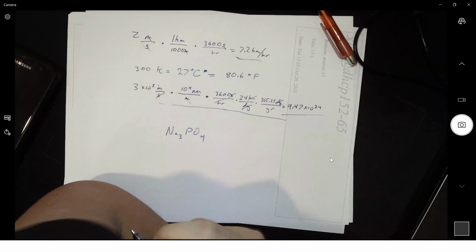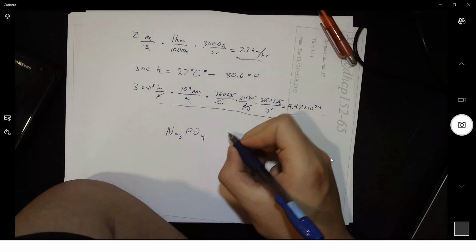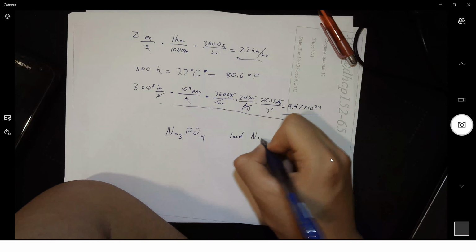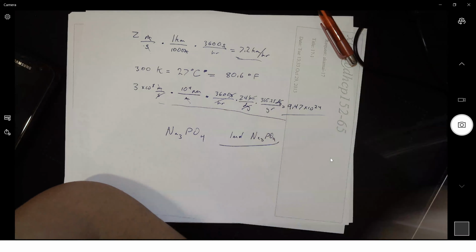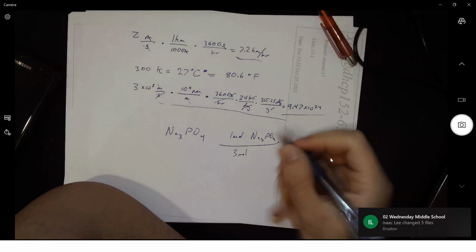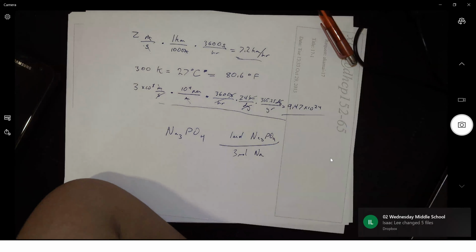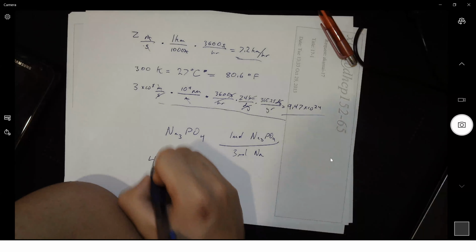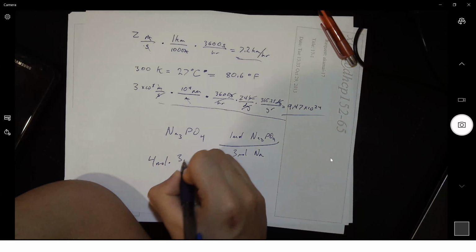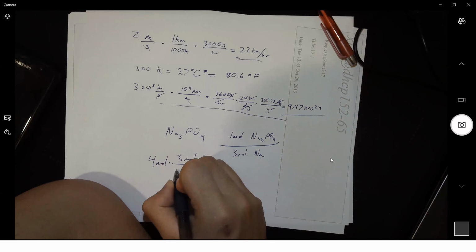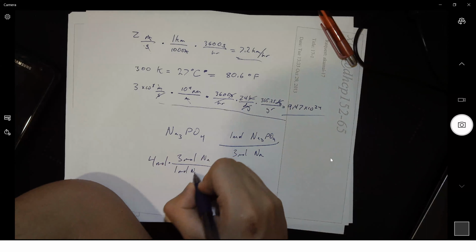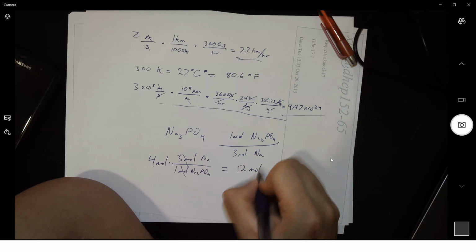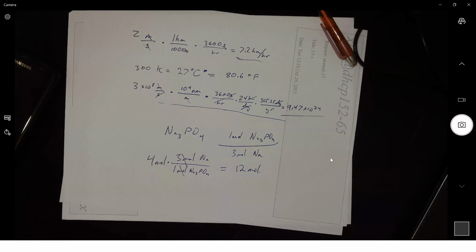For every mole of sodium phosphate, I have 3 moles of sodium. So if I want to convert 4 moles of Na3PO4, all I have to do is this. And the moles cancel out.